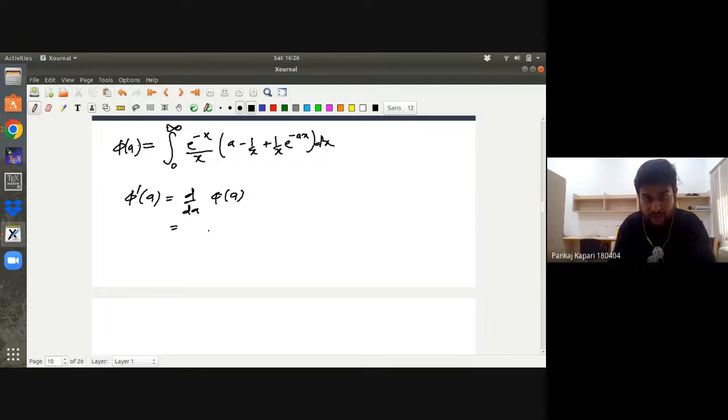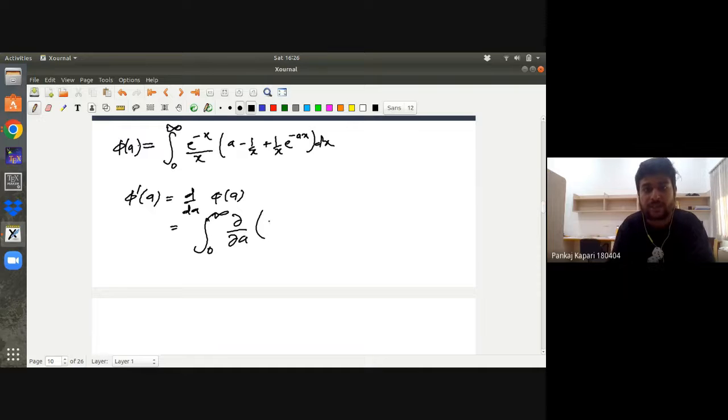Instead of integrating first, you can differentiate the integrand first with respect to a. This will be just a partial derivative because the integrand is a function of two variables, a comma x.